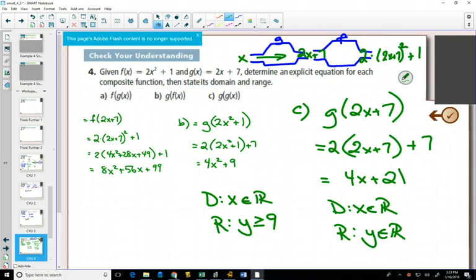Because if you think of transformations, what's happened here? Your parabola has been stretched vertically and shifted up 9. Can you see that the vertex of this one would be at 0, 9? And so that one's easy because you could graph it from transformations to get a visual of that.